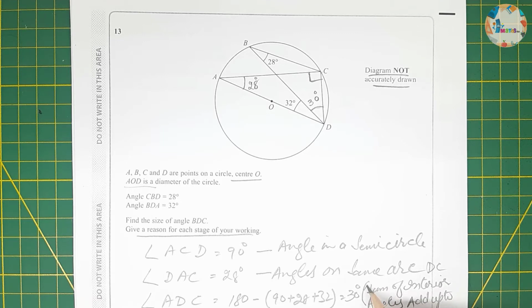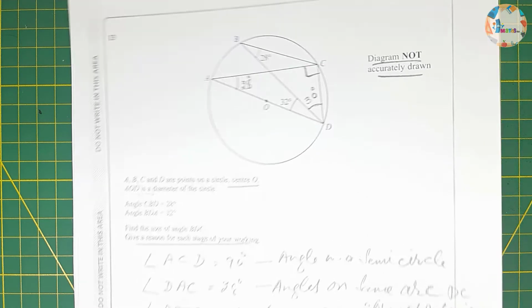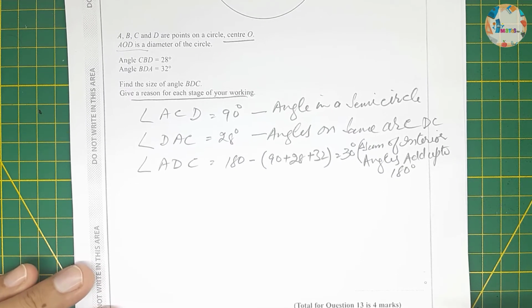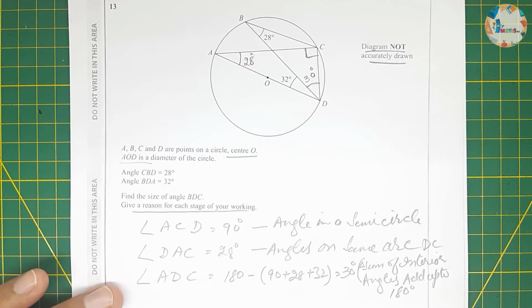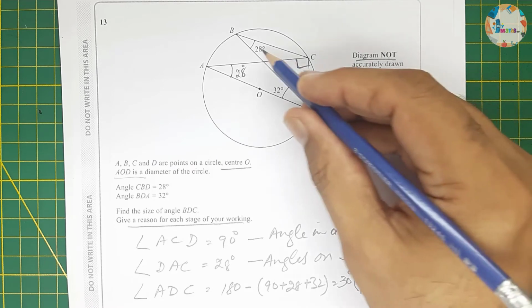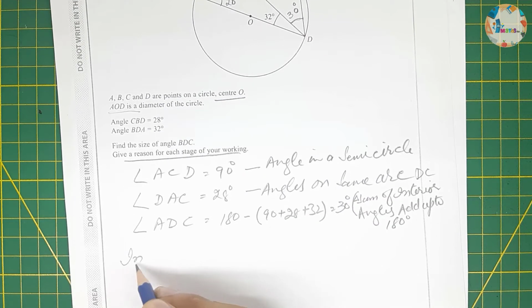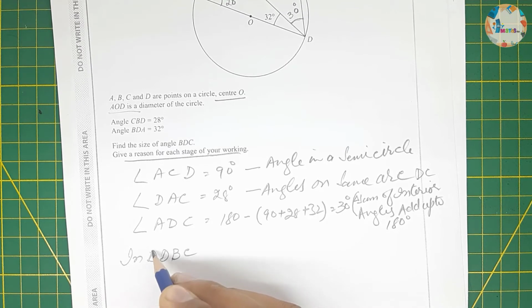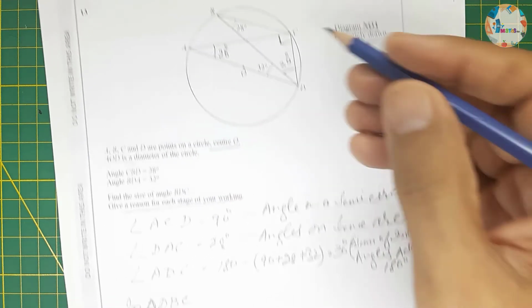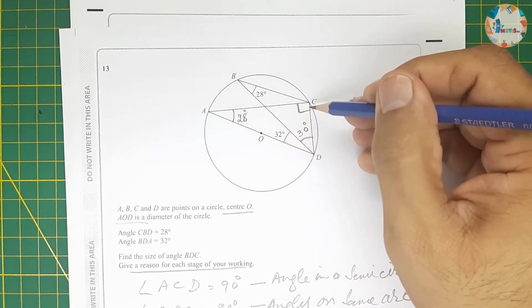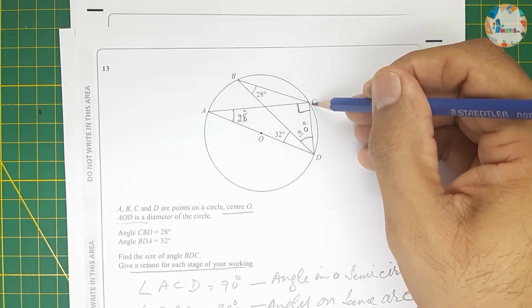So we can write here triangle also. So in a triangle, sum of interior angles add up to 180 degrees. So we reached up to this one. Now we have this triangle DBC, so we can write in triangle DBC, angle BDC.